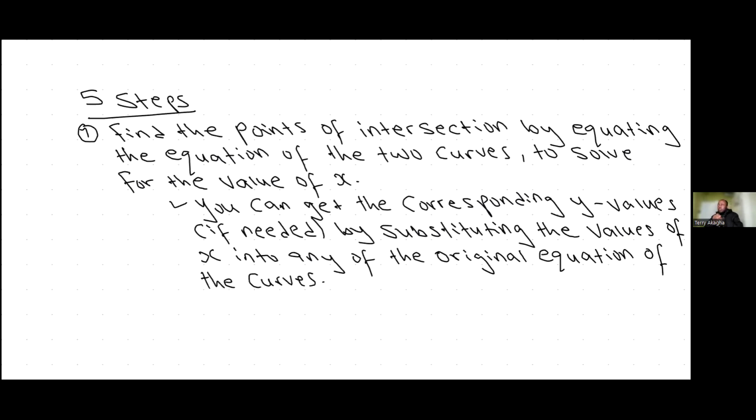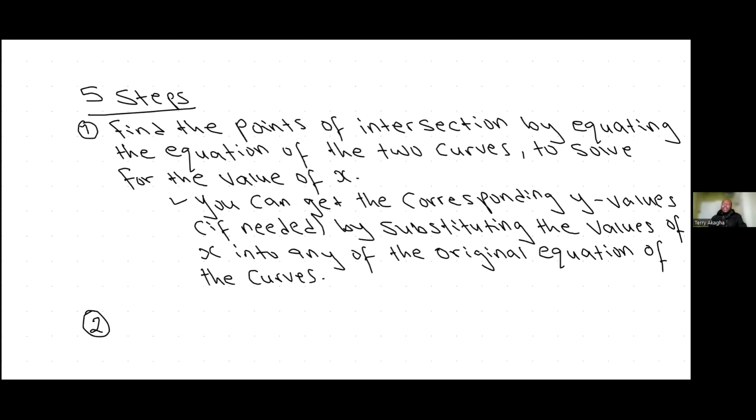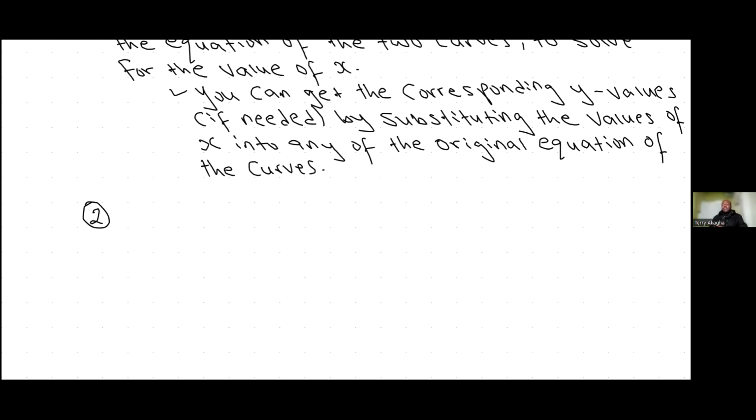Number two. When you now get the values for x, you set the lower value of x as the lower limit and the higher value of x as the upper limit.